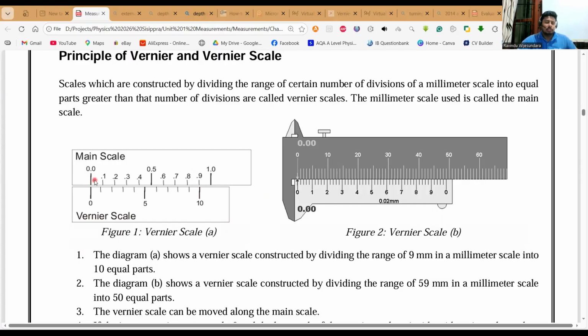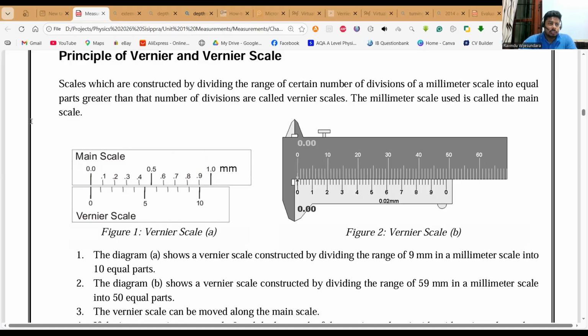Right. If you see the diagram here, you can see there are two kinds of scales. This is the main scale. You can see it has been divided into equal parts. Usually the main scale is in millimeters, so let me put the unit here. All the values are in millimeters, right?